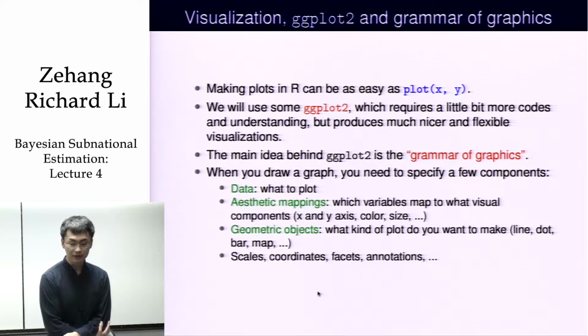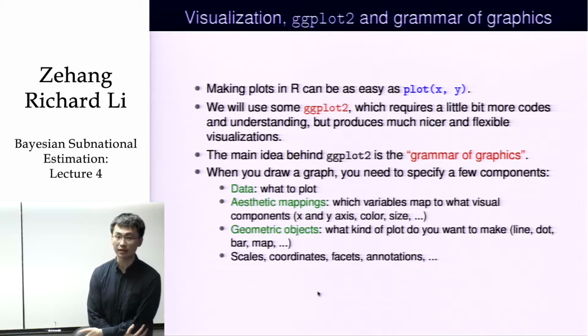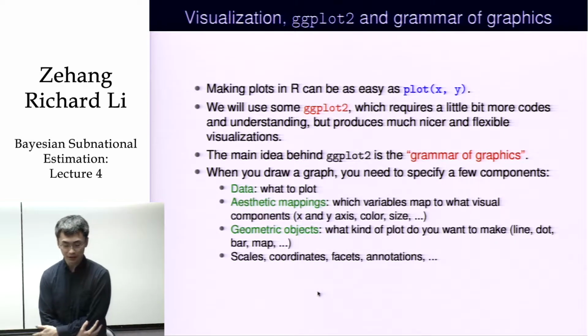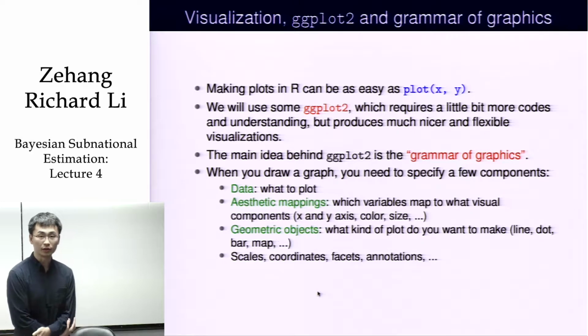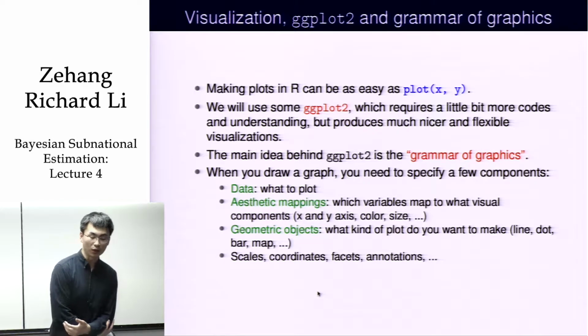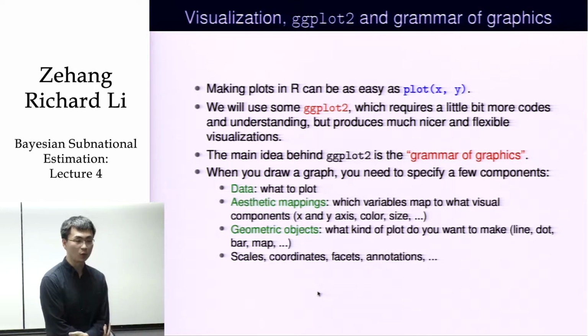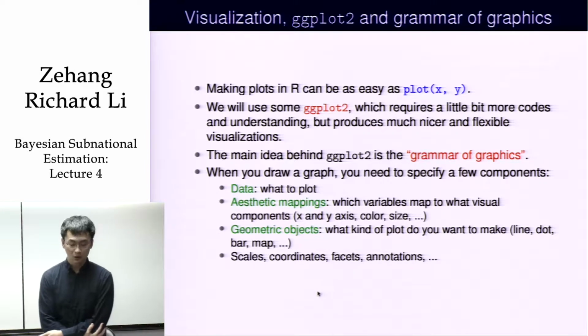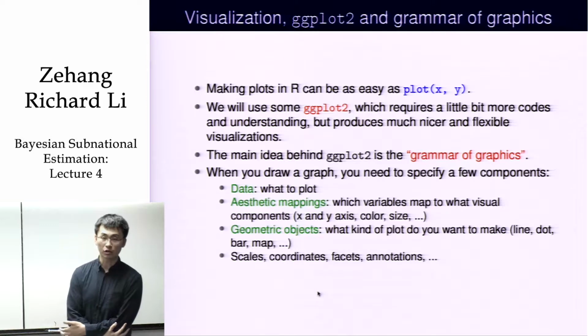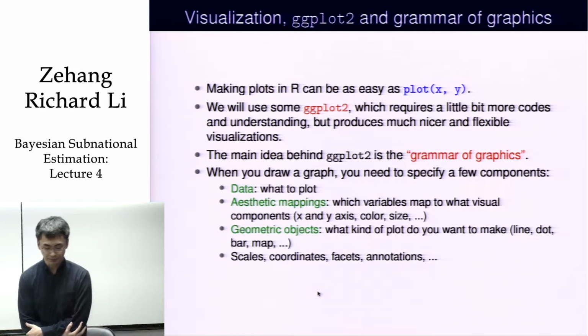First, you need to specify data. What is the data you want to plot? Then you need to specify something called aesthetic mapping, which says which variables in the data map to what visual components. You need to specify what the x-axis is, what the y-axis is, and if you want to use color to encode different categories, which variable corresponds to that categorization.